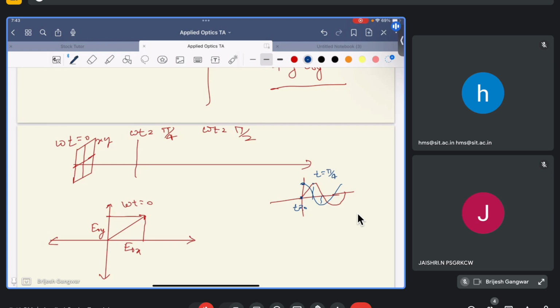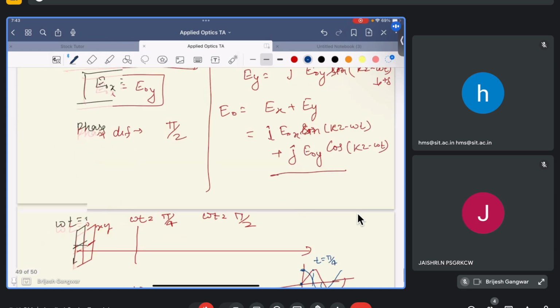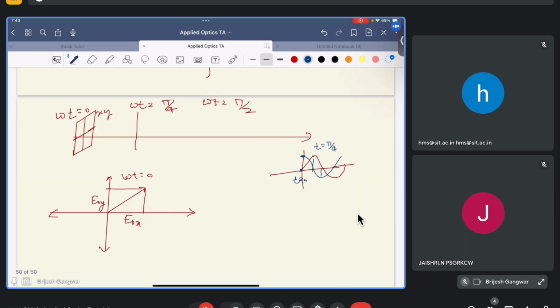Going to pi by 4, the sine has the x term, so Ex will increase and Ey will decrease. Let's say it comes till here. So now the resultant vector will be this one.